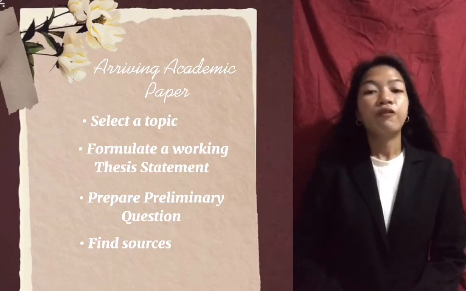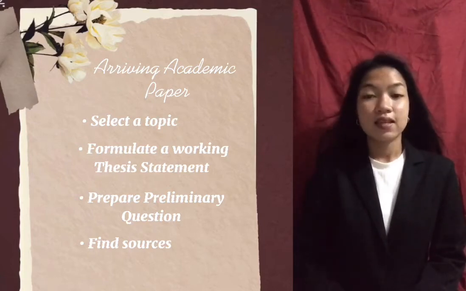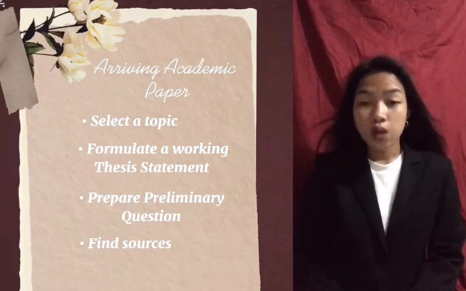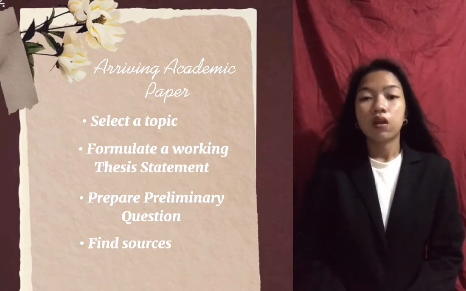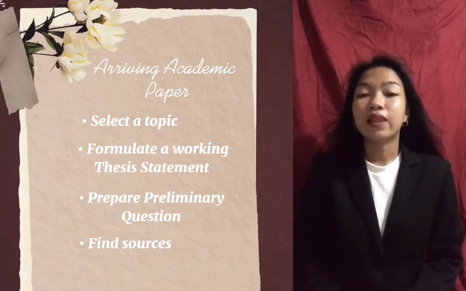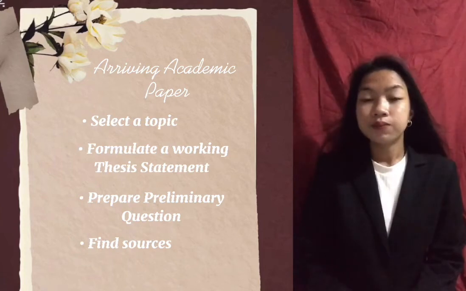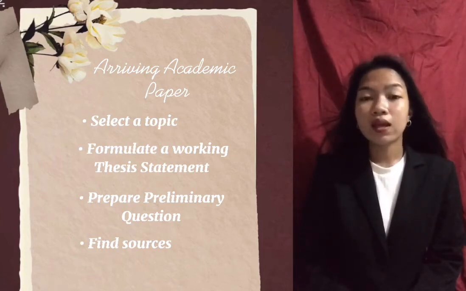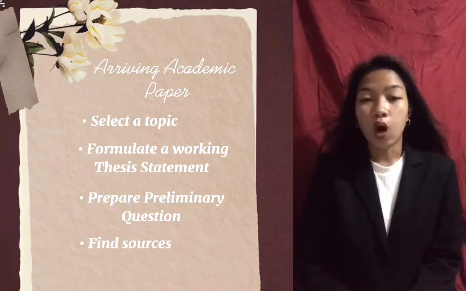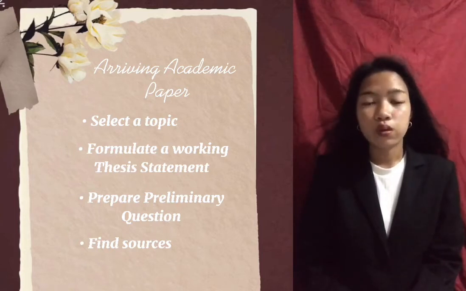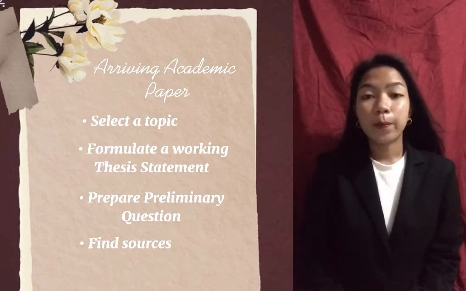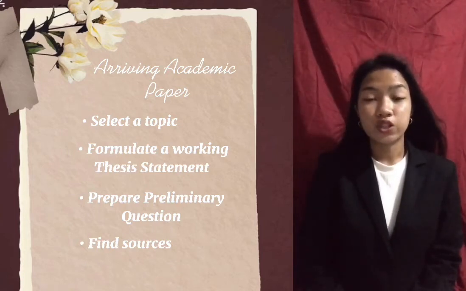Next is formulate a working thesis statement. So in order for it to be easy for you to make an academic paper, you must have the main idea that you want to work on and focus on that. Next is prepare preliminary questions.